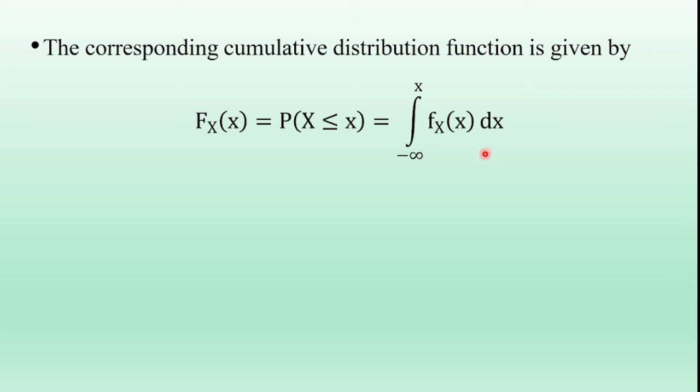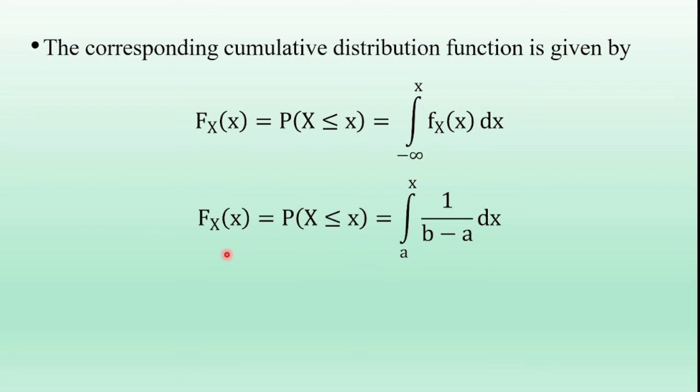Now applying the probability density function value here, the distribution function is equal to the integral where f_X(x) is equal to 1 by b minus a. In the range of the interval starting from a, the integral is from a to x, with dx.